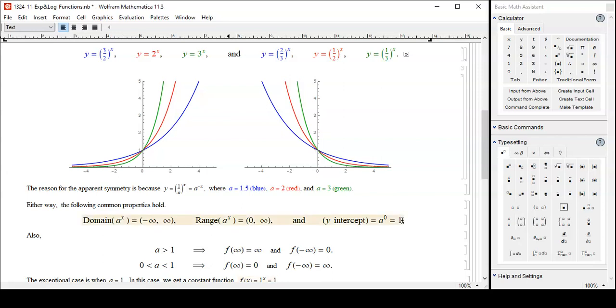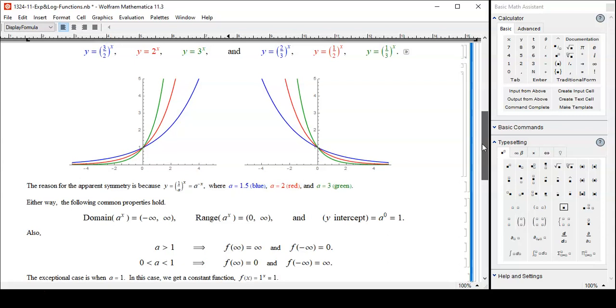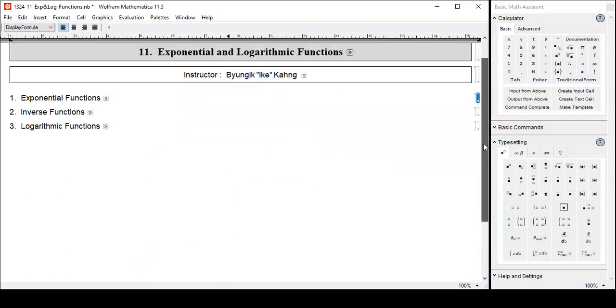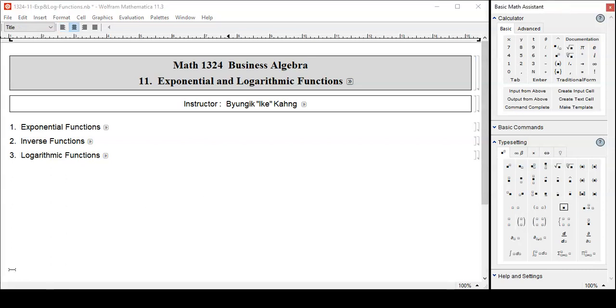Common properties, and then their unique properties. Again, here's a grand summary of everything. Okay, so much for exponential functions for various different a values.